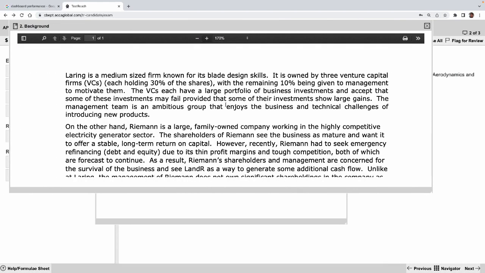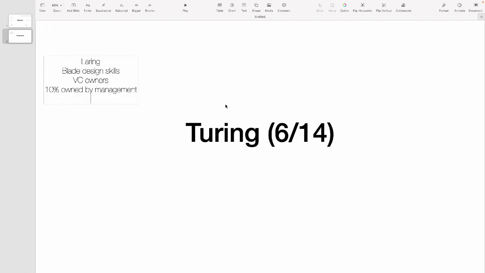VCs each have a large portfolio of business investments and accept that some investments will fail, provided that some of the investments show large gains. All the VCs are using a portfolio approach. Got it?